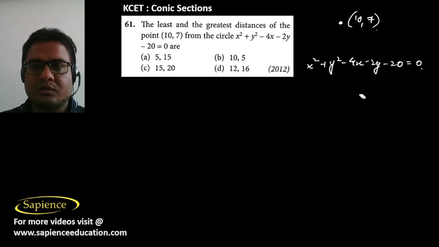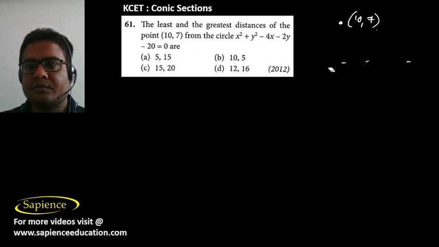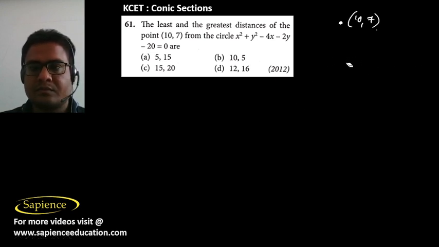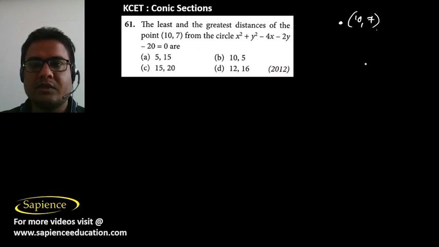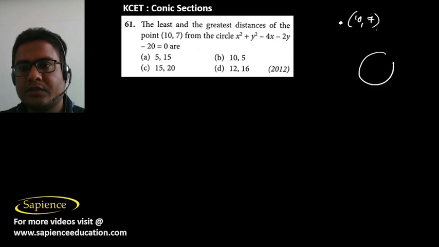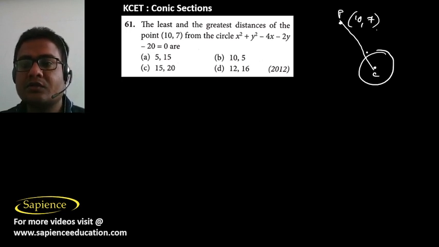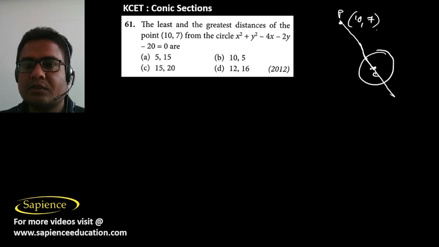So let's suppose this is the circle. The least and the greatest distances we have to find. If this is the circle, then from this point we take the center. PC is the distance from the center of the circle, and this is the straight line.